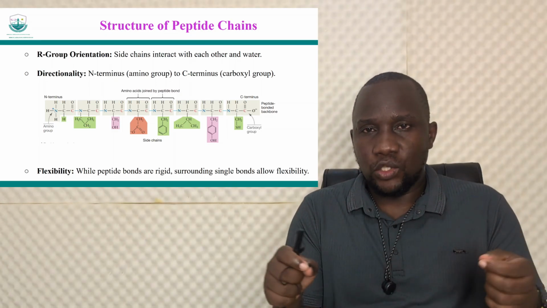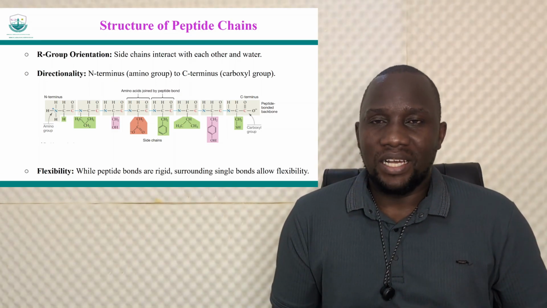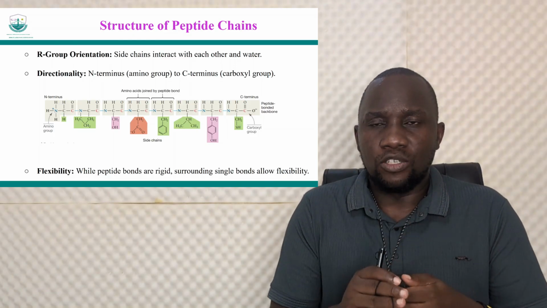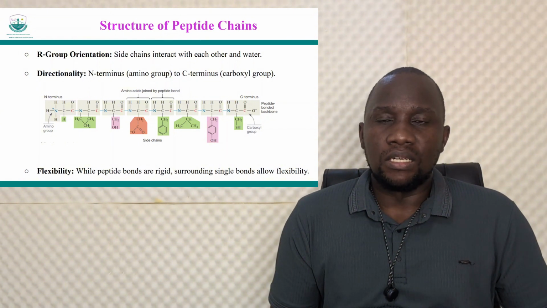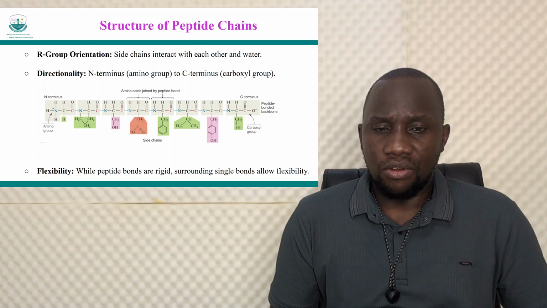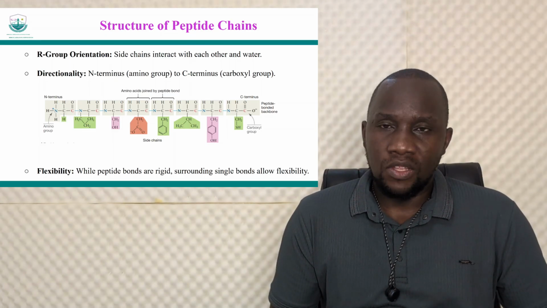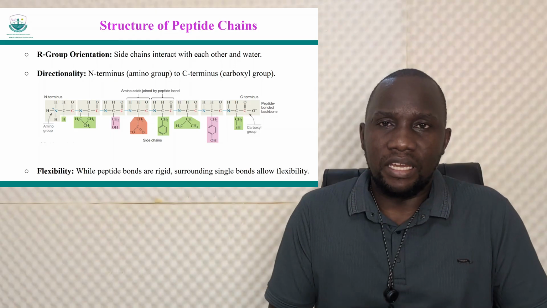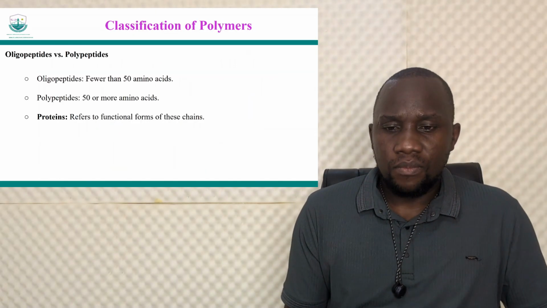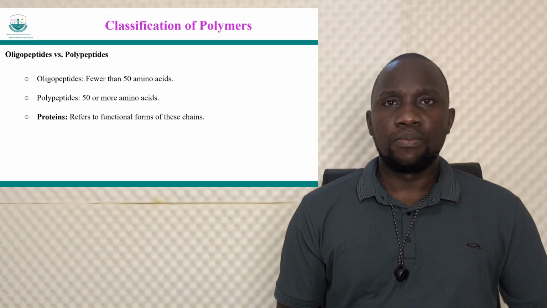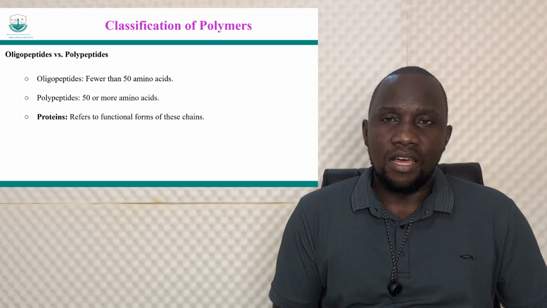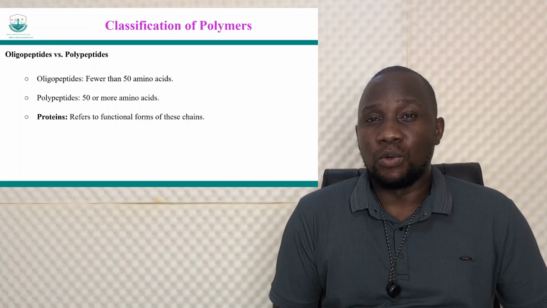If you have a straight chain of amino acids, then you could expect that it is very easy to bend or to fold this protein, and therefore there is a great degree of flexibility when you have single bonds in a protein that is basically linear. The extent of the length of this chain is described using different names.